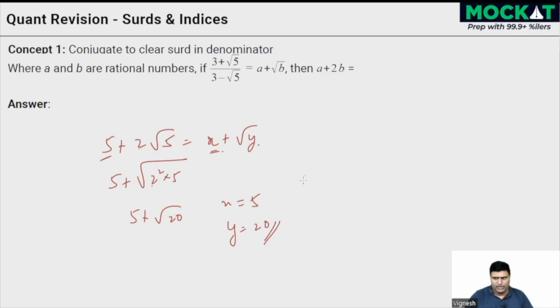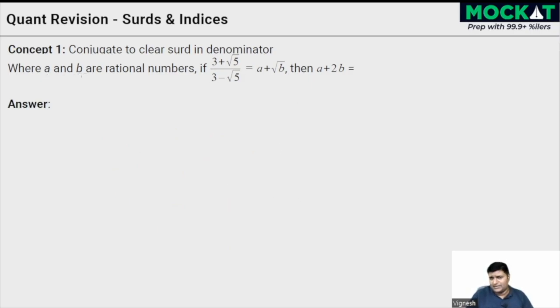That's it, right? So given this, what's given here is a and b are rational numbers, and this is equal to a plus root b. I need to get rid of the surd in the denominator, so I multiply and divide by the conjugate of 3 minus root 5. This conjugate is 3 plus root 5. What's the logic behind the conjugate?